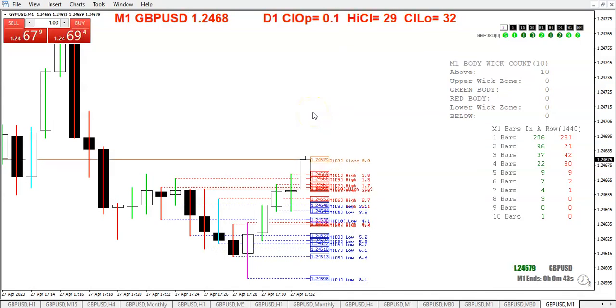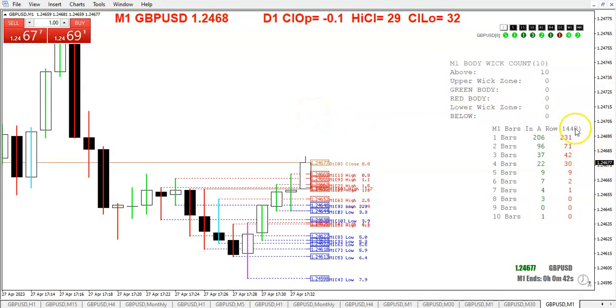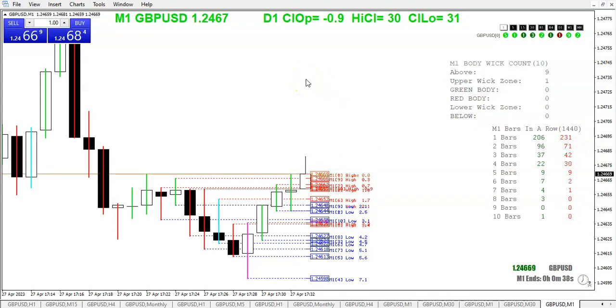What this does is it goes back, in this case, 1,440 bars, which is a day's worth. That's 1,440 minutes on M1 bars, and it looks to see how many times you have 1 green bar in a row, 2 green bars in a row, all the way up to 10 in a row. And you can see the stats.